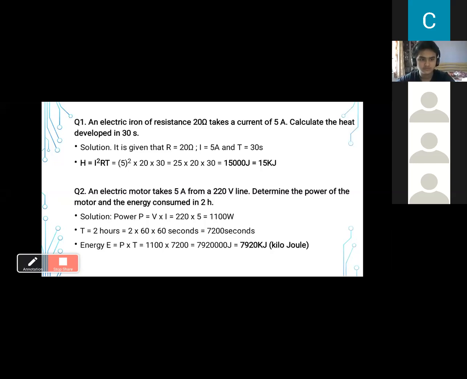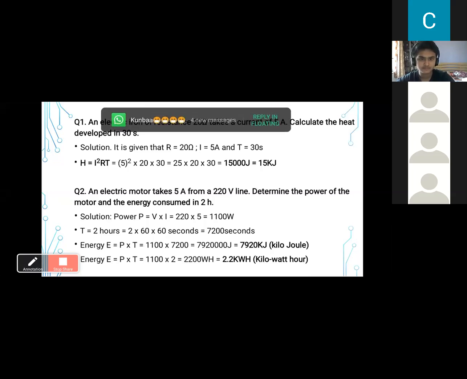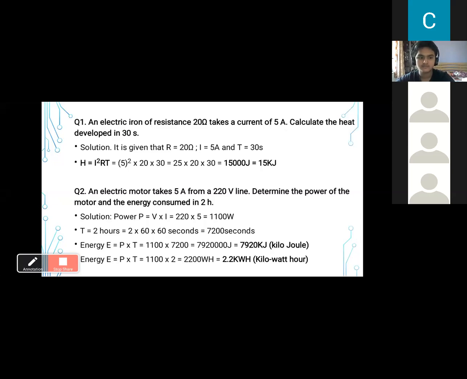If I don't convert this hour into seconds, the unit of the energy will change here. The unit comes out to be kilowatt hour. So I have changed the power also into kilowatt, and time is also in hours. So there are units of energy: one is kilojoule, one is joule, and one is watt hour. Getting me?